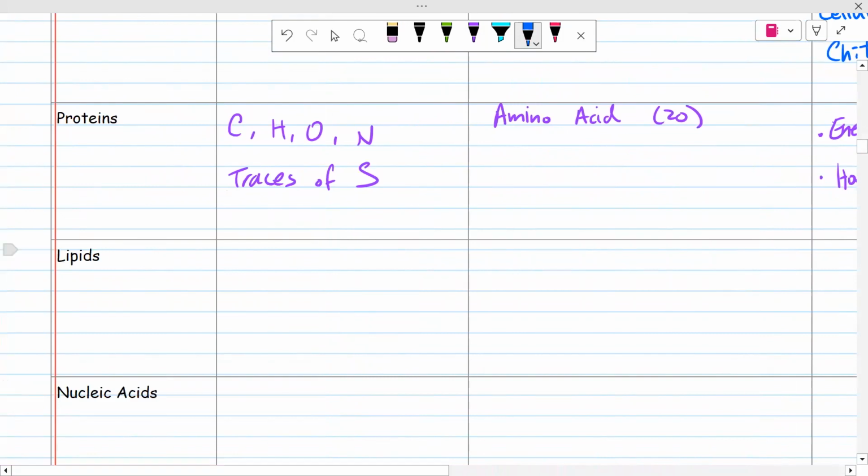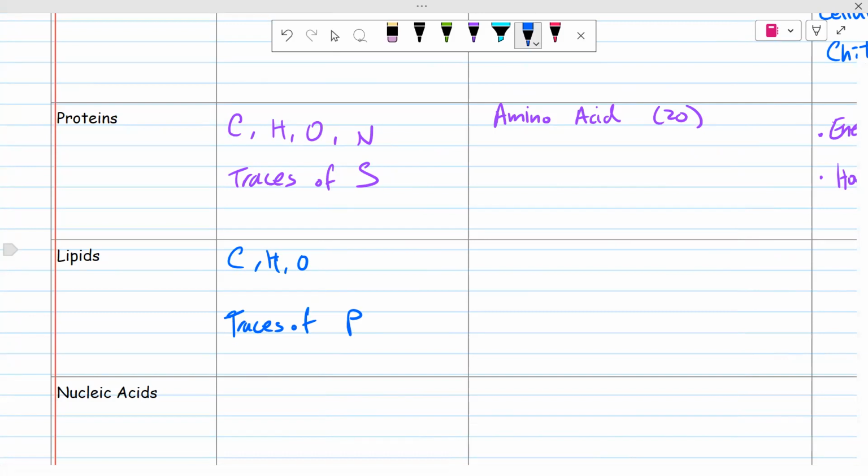All right, next we have the lipids, which is CHO, and then some trace of P, right? Traces of P. But not all of them, right? Only the phospholipid has the phosphorus, right?